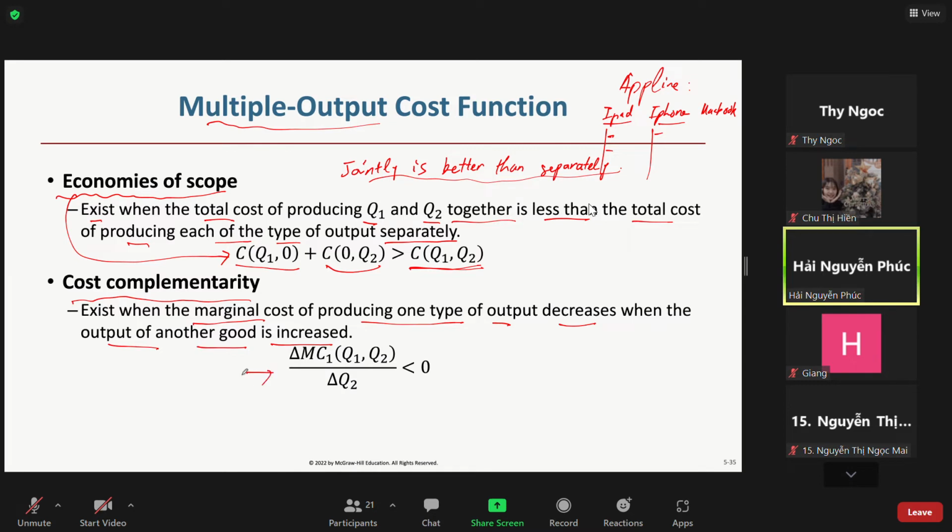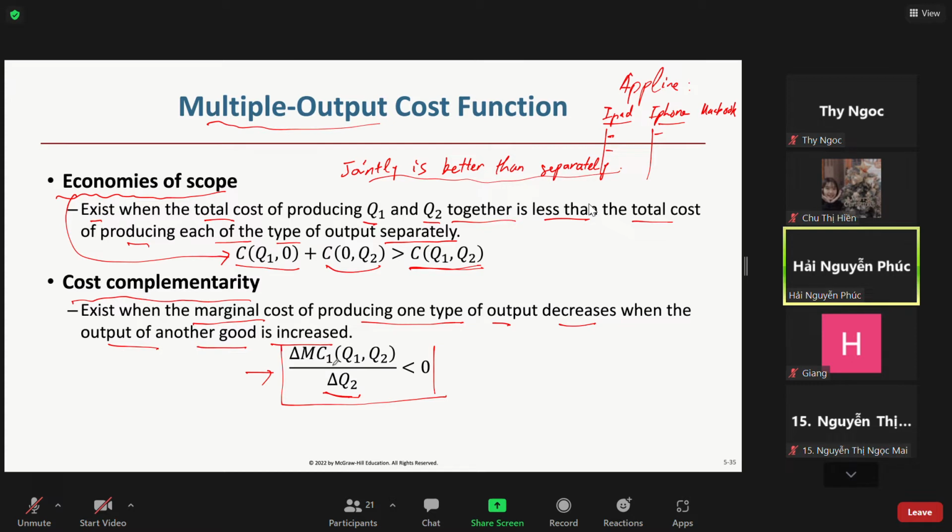Mathematically, the condition for cost complementarity can be described as following. Q2 is the quantity of good 2, and delta Q2 is the change or the increase in the quantity of good 2.